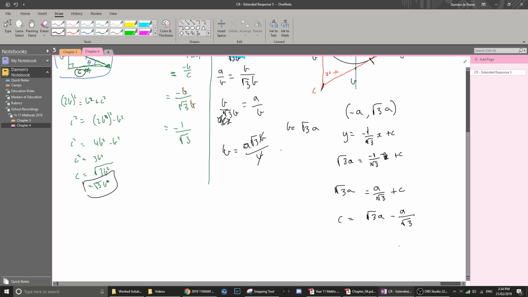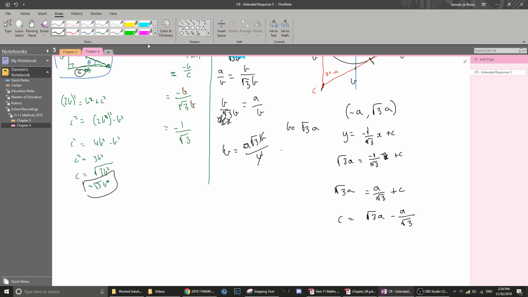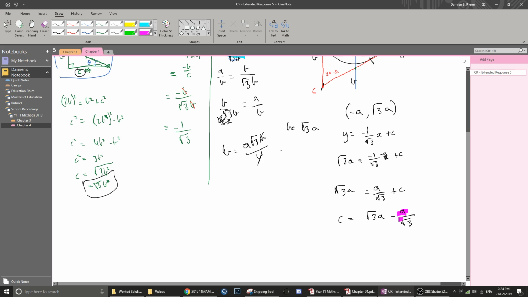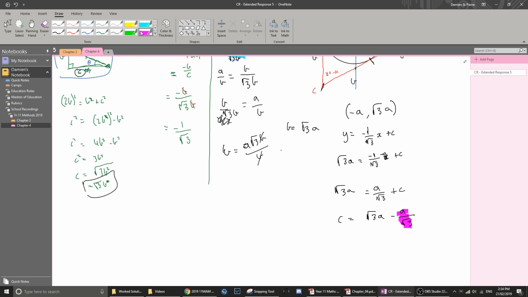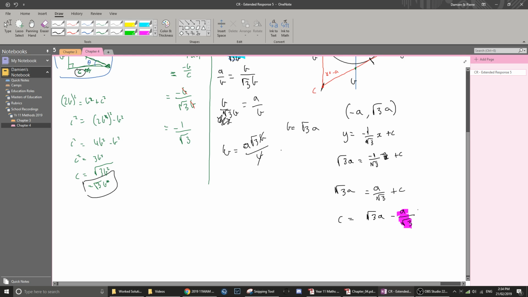and let's have a look. We might rationalize this denominator, just in this bit here. Rationalising means getting rid of the surd on the bottom, so I'm going to multiply this by root 3 on root 3.